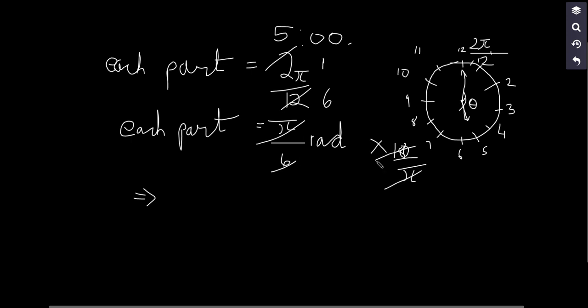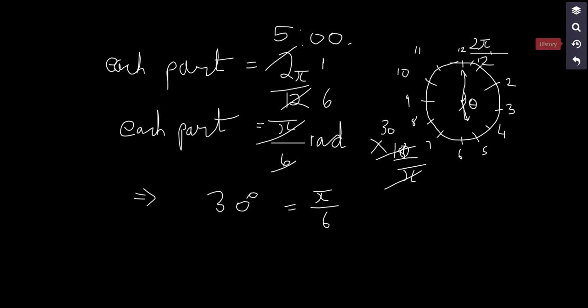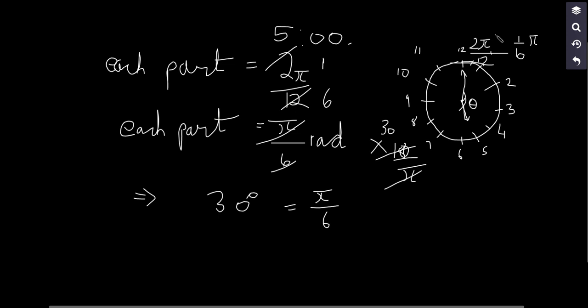Cancel. 6 goes into 180 30 times. So 30 degrees is the same as pi by 6. Now from diagram, each part corresponds to 1 by 6 pi. When you cancel this, then each part corresponds to 30 degrees.